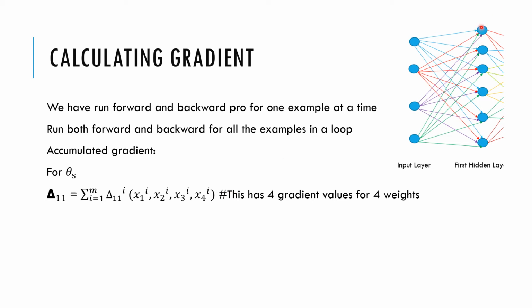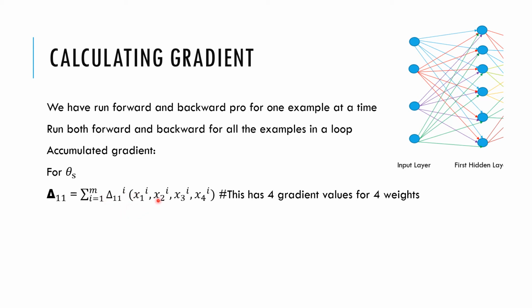For this node, there are four weights between this node and the input layer, so we need four gradient values also. They have to match. In the first example we calculated delta 1 1 1, our error term for the first example, the first iteration. Then we multiply that by the first example's x1 value, so we get the gradient value for the first example.